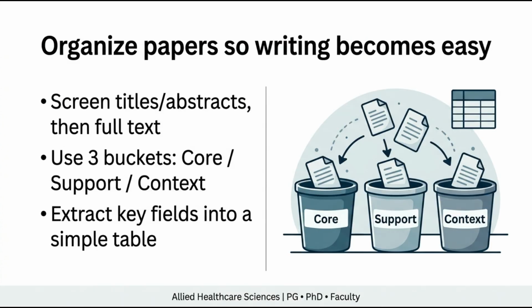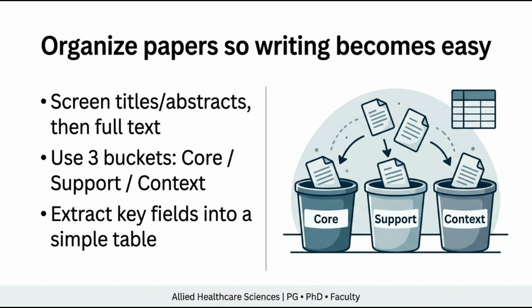After searching, screen titles and abstracts, then go to full text. Now do the step most people skip. Organize papers into 3 buckets. Core papers directly answer your question. Support papers explain biology, mechanisms, or standard methods.